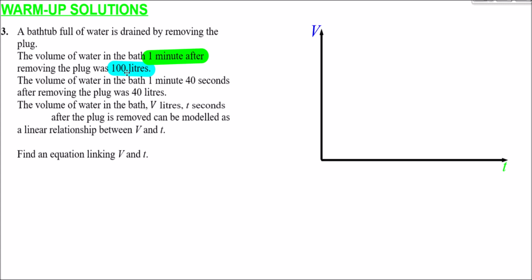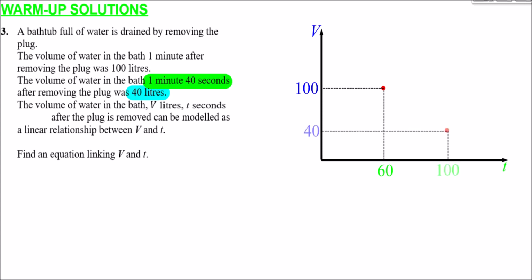We can plot that point on our sketch. 60 and 100. The next bit of information is that after 1 minute and 40 seconds, the volume's 40 litres. So 1 minute and 40 seconds is 100 seconds in total. So 100 seconds and 40 litres is our second point. So we can add that to our sketch like so.